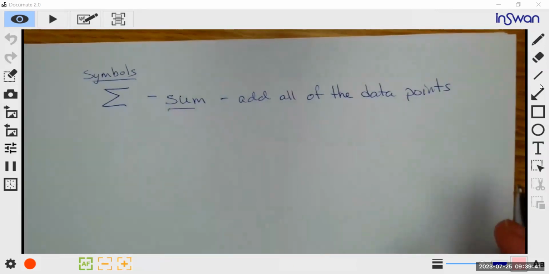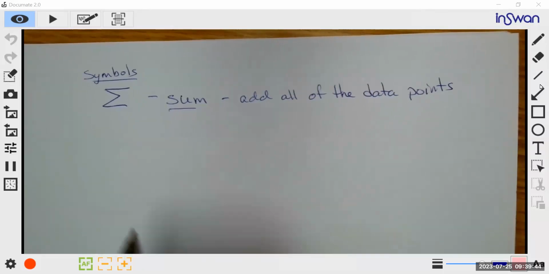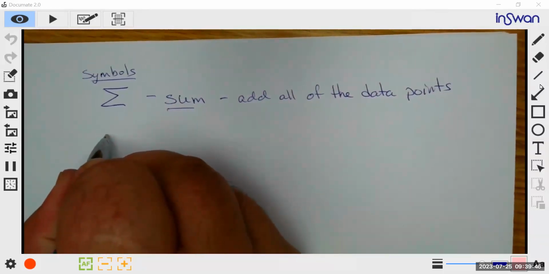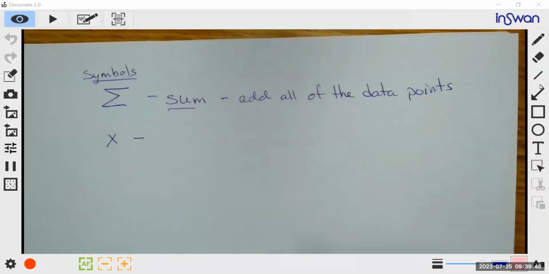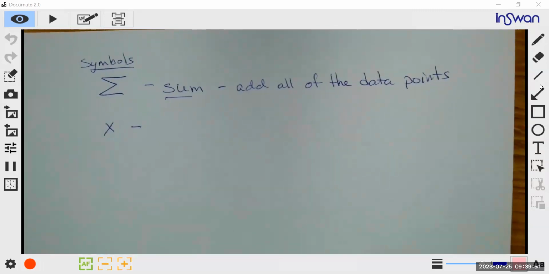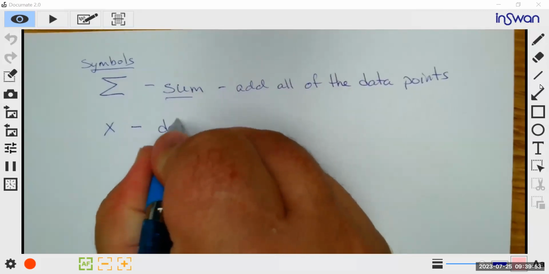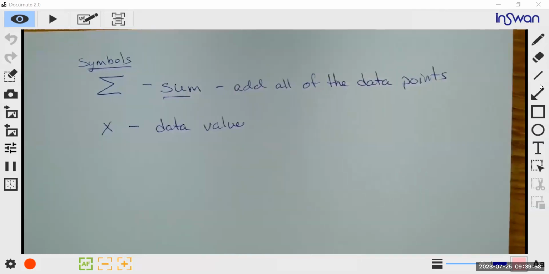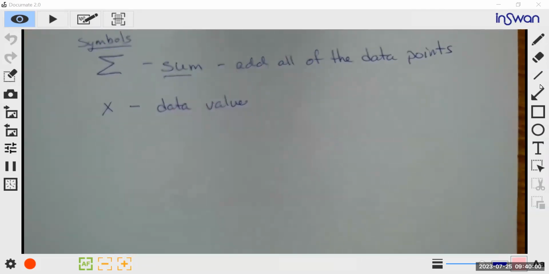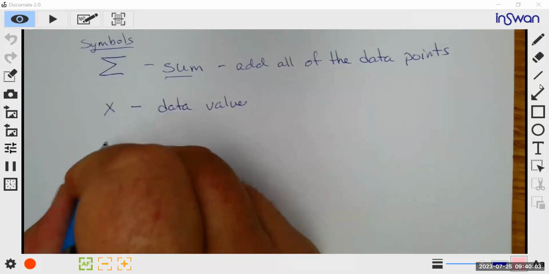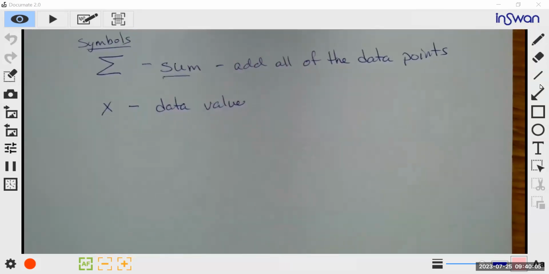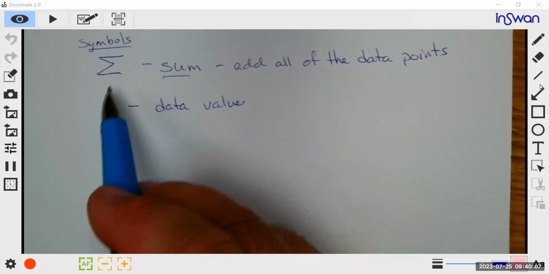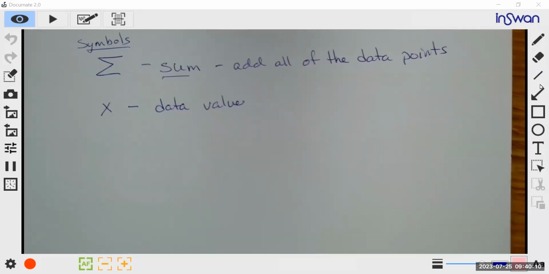That's what sum means. The sum of what? What does X represent? That's your data value. And I'll show you exactly what we mean by this when we look at how the symbol here, what it really looks like. But I took away some stuff in there to make it look less difficult. But I'll show you what it really means in a second.